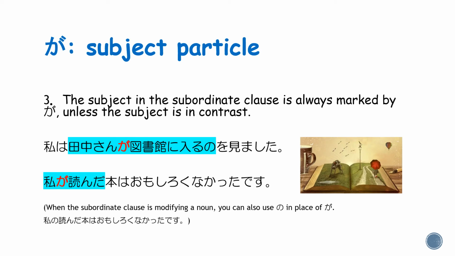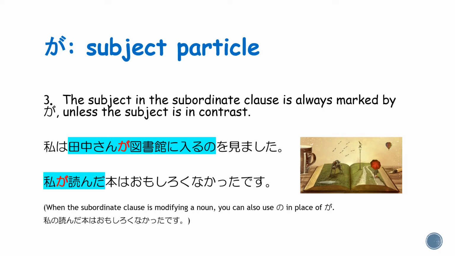So, 田中さんが図書館に入る is the sentence within a sentence. So, the subject, 田中さん is marked with が. In the next sentence, 私が読んだ本は面白くなかったです. The book I read was not interesting.